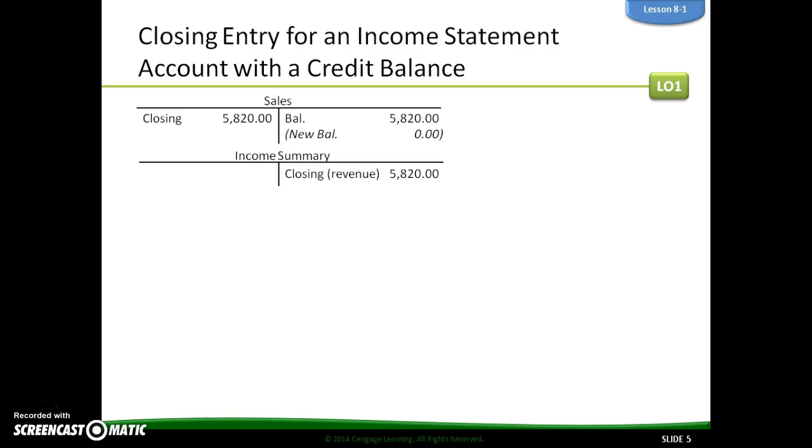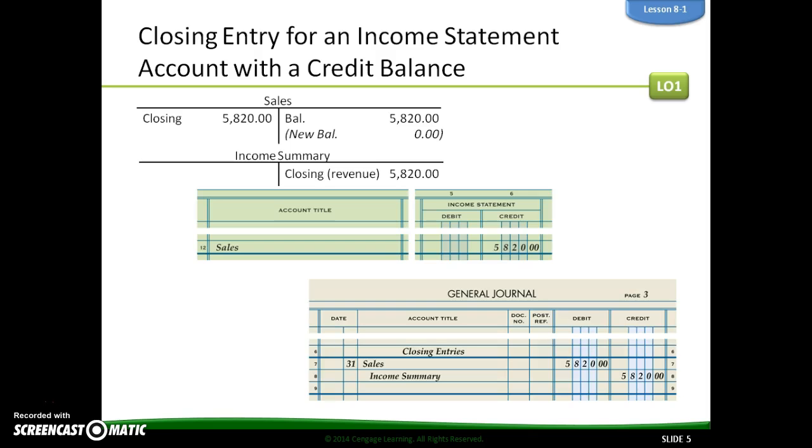So whenever you're looking at a closing entry for an income statement account that has a credit balance, remember, we're on the income statement accounts and they have a credit balance, then what we're going to show in our general journal is a closing entry so that we can post a debit to sales as a closing entry, and you can see it right here on the left side of our T account.